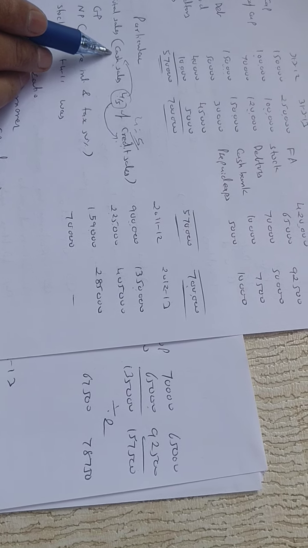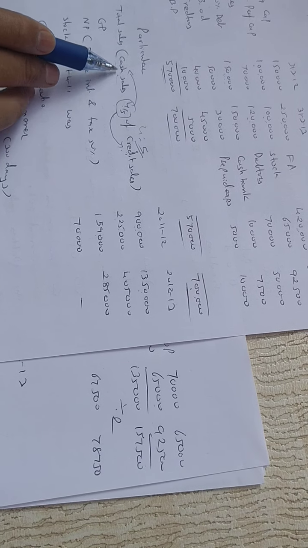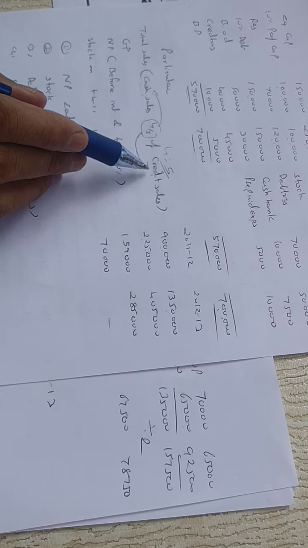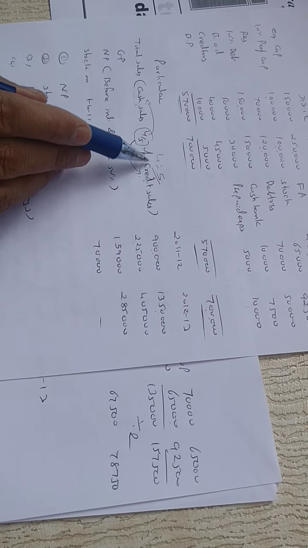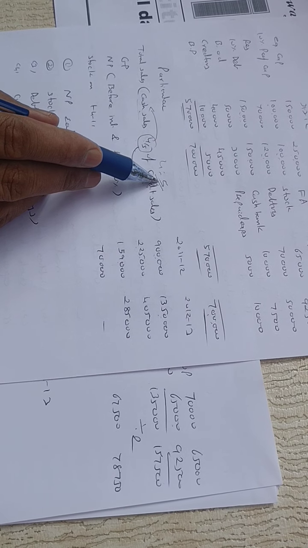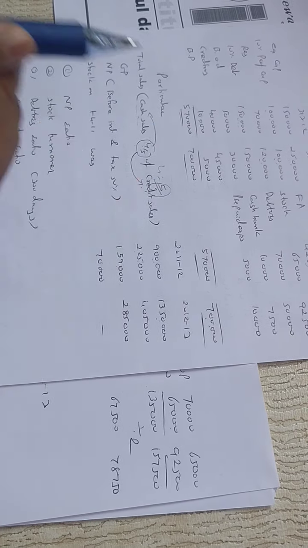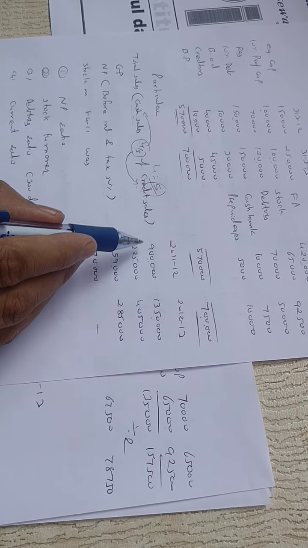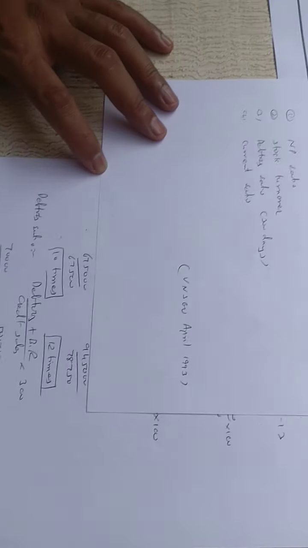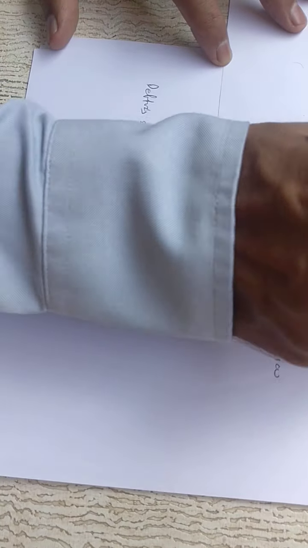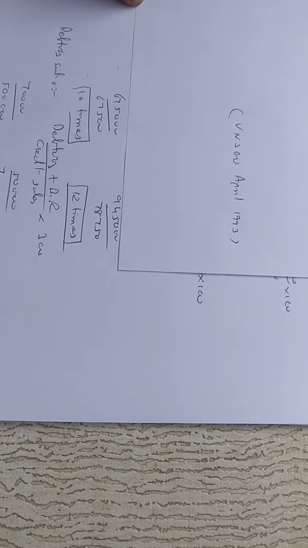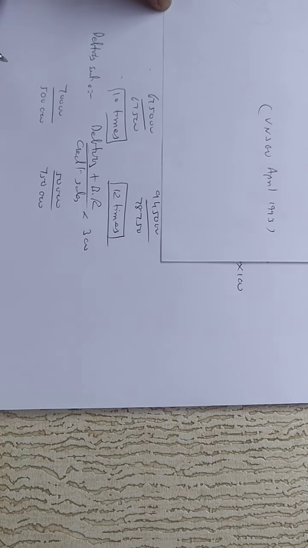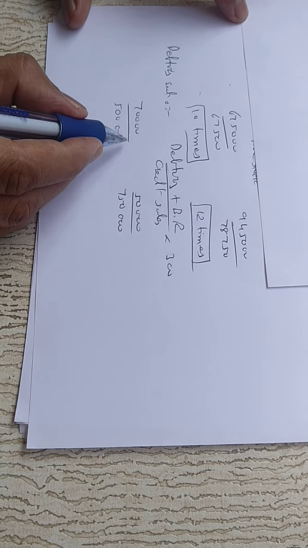Here your first statement is cash sale, so 4 is for cash sale, and 5 is for credit sale. It means your credit sale is 5 upon 9. So 5 upon 9th part of 9 lakh is 5 lakh, and 5 upon 9th part of 13 lakh 50,000 is 7 lakh 50,000.